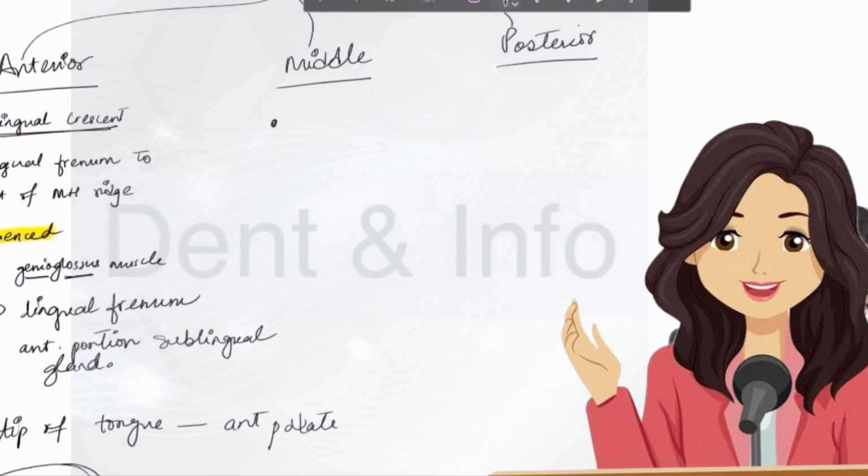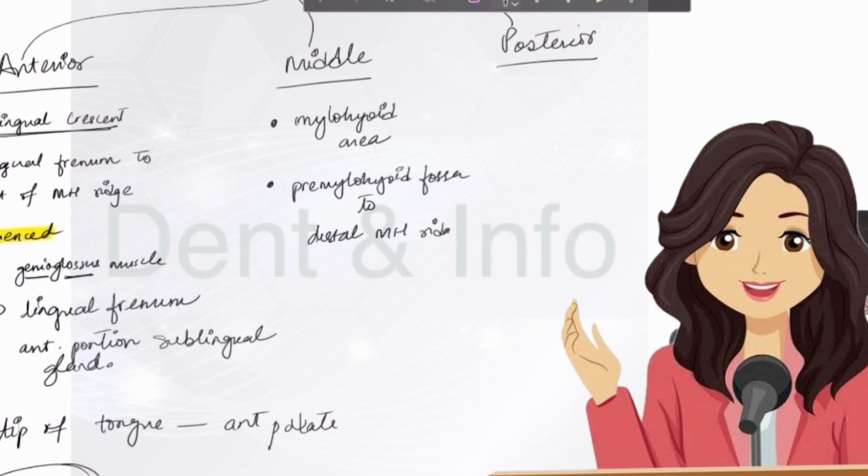Talking about the middle part of the alveolingual sulcus, that is called the mylohyoid area, because it is the area where the mylohyoid muscle is located. So it extends from the pre-mylohyoid fossa to the distal end of the mylohyoid ridge, right?